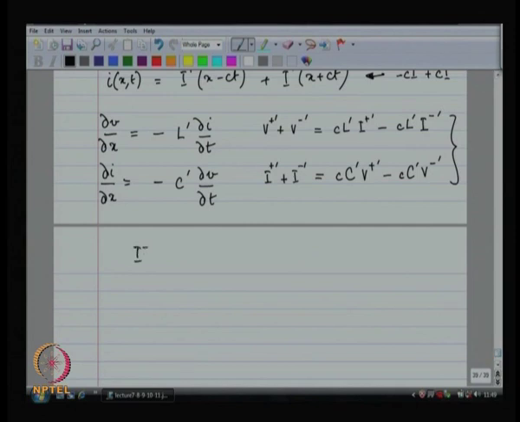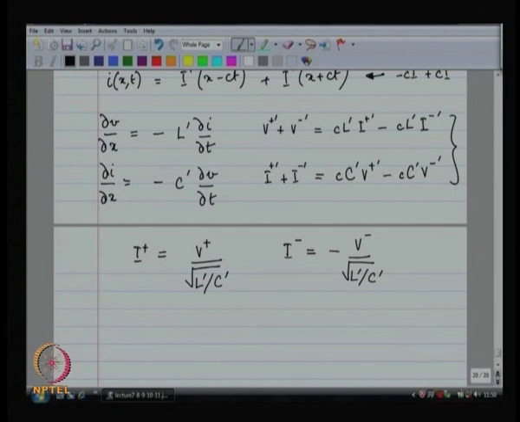is going to be equal to V plus times, so, this is what it turns out, satisfies both of my equations, I plus and I minus.